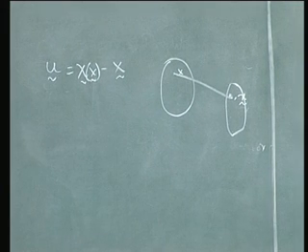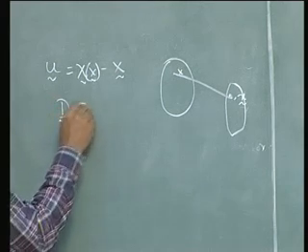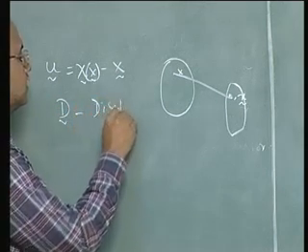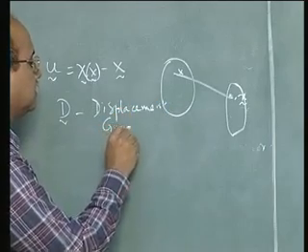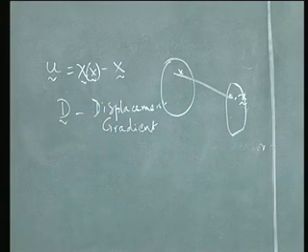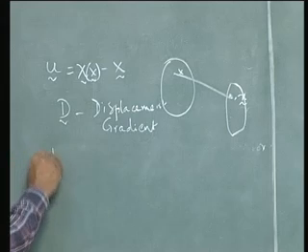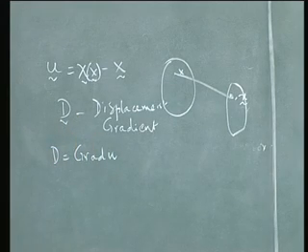Let me define, many places I am defining, let me define the displacement gradient D to be the gradient of u, or Grad u. D is equal to Grad u.